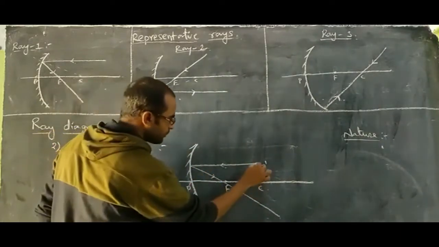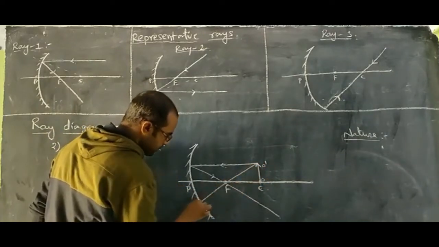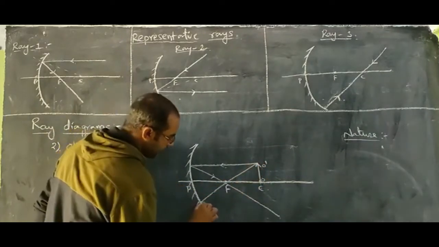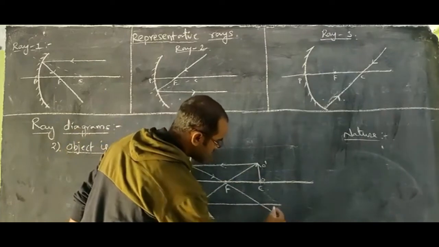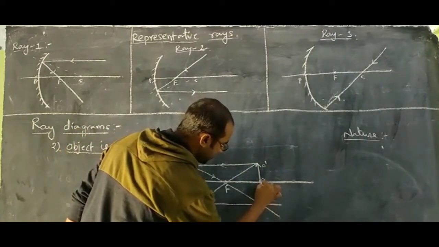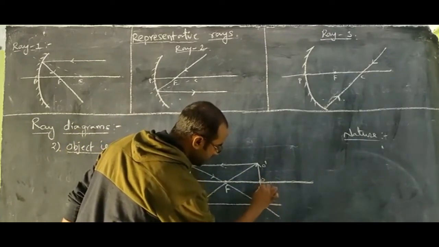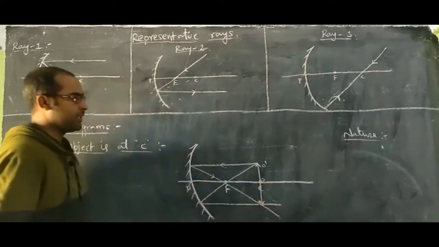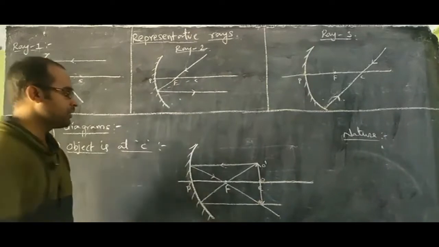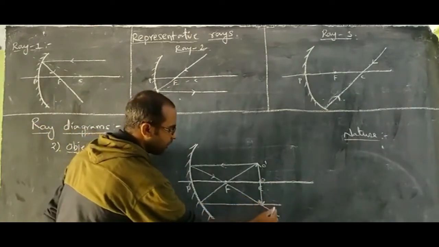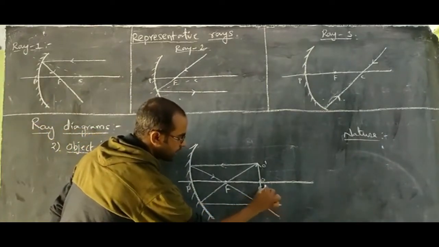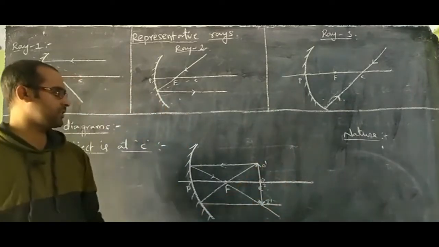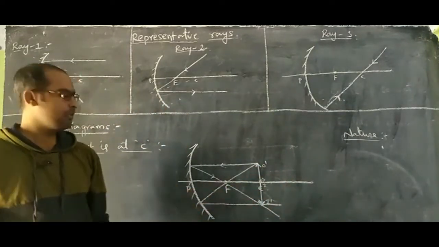Then the ray passing through the focus, after reflection passes parallel to the principal axis. Where is the image formed? The image is formed at C itself, right? This is the image point, I dash.